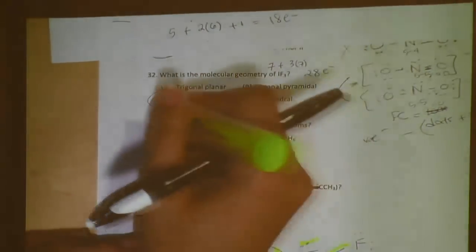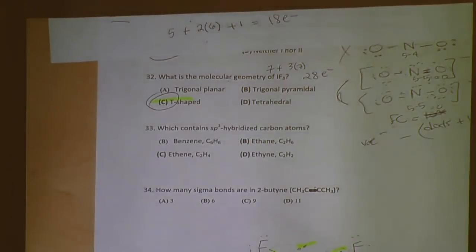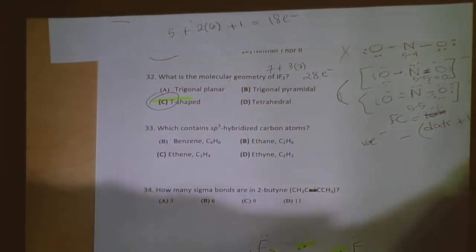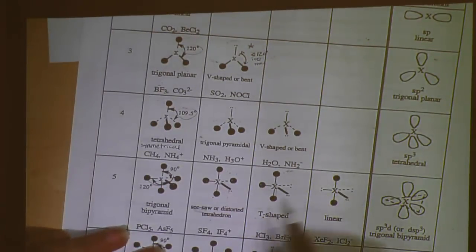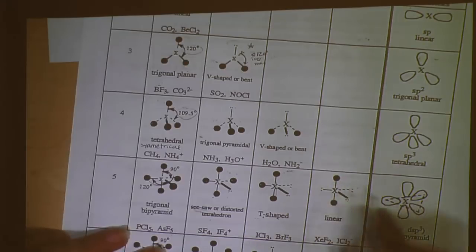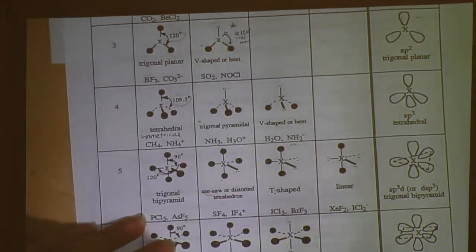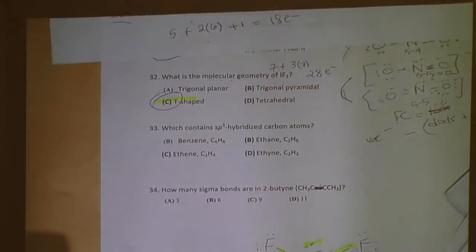So it's C, according to the paper, which is right here. So T-shaped is the one where you have 2 lone and 3 bond, which is what I have right here, 3 bond and 2 lone.